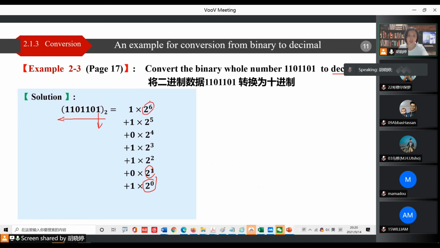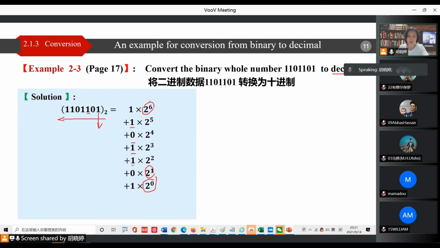The first digit is 1, so 1 is multiplied by its weight. The second digit is 0, so 0 is multiplied by its weight, 2 to the power of 1. The third digit is 1.